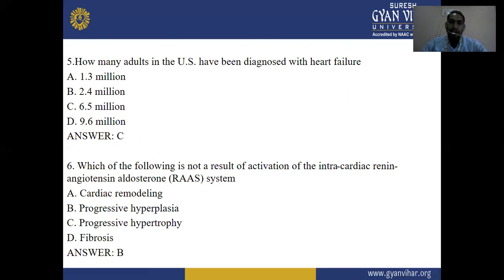RAAS means renin-angiotensin aldosterone system. Option A is cardiac remodeling. Option B is progressive hyperplasia. Option C is progressive hypertrophy. Option D is fibrosis. The right answer is progressive hyperplasia.